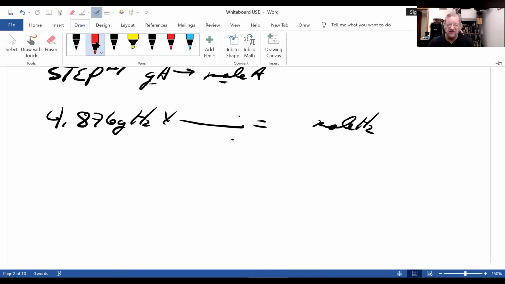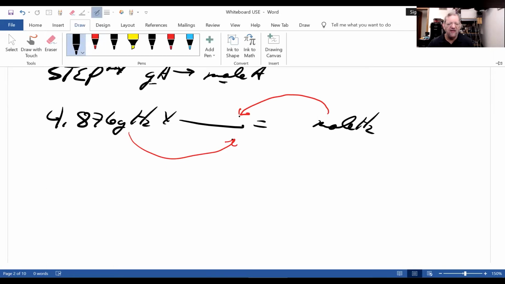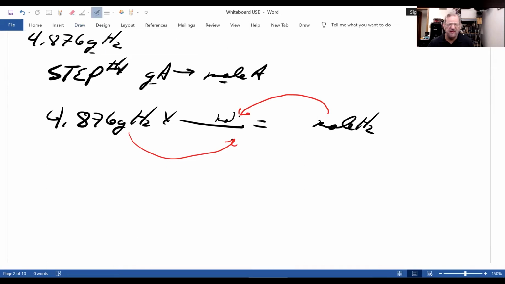Use your good buddy, your good friend, unit analysis. Whatever you're trying to get to goes on top of the ratio. Whatever you're trying to get rid of goes underneath. And therefore, you should be able to put in moles of hydrogen, grams of hydrogen. And remember, 1 mole of a compound equals its molecular weight. So the molecular weight of hydrogen gas is 2 hydrogen, the sum of all atomic weights.